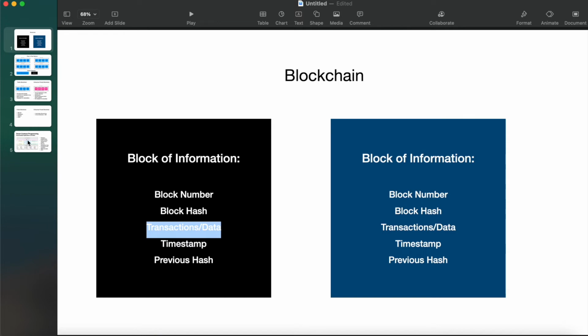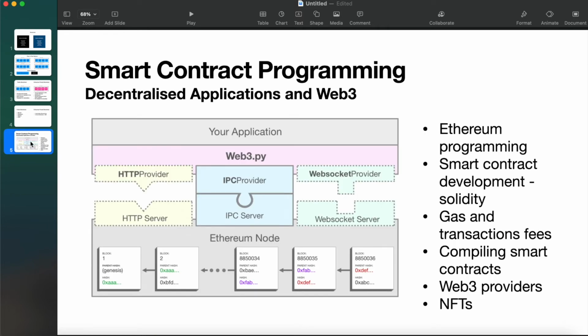So this is when we go into digging deeper into blockchain programming and Web3, and keeping specific data in the blockchain. All right. And specifically smart contracts. Okay. What is a smart contract?